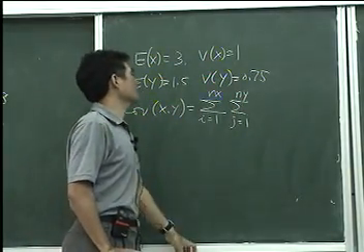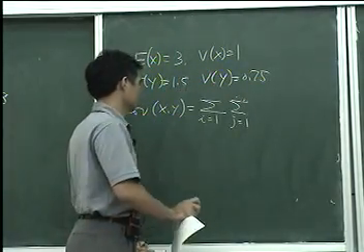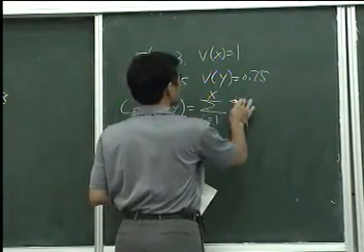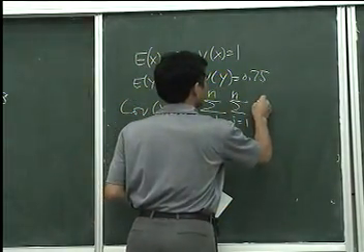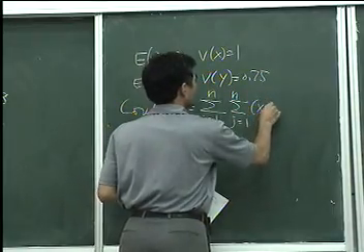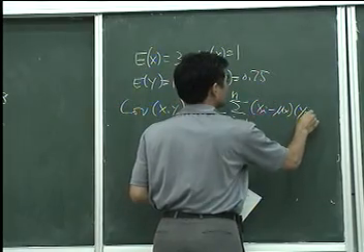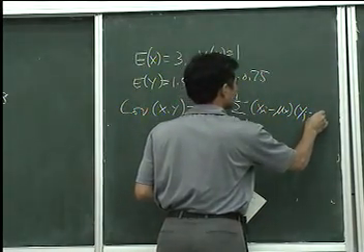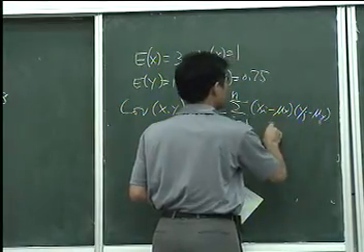But anyway, let us say it is the same, to make things easier. It is (x_i minus mu_x) and (y_j minus mu_y) times p.